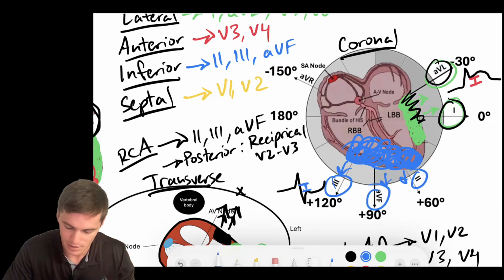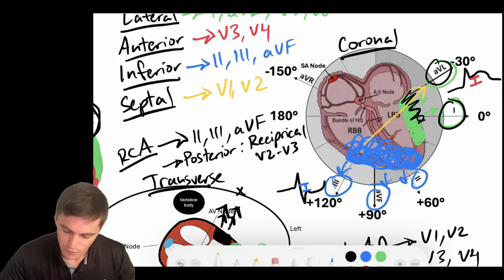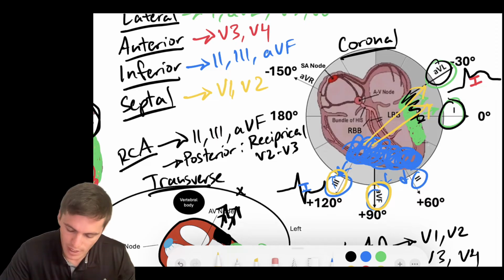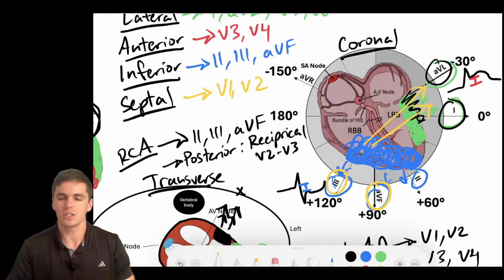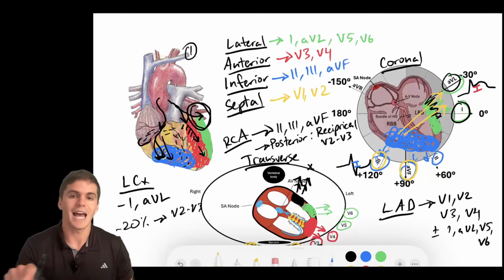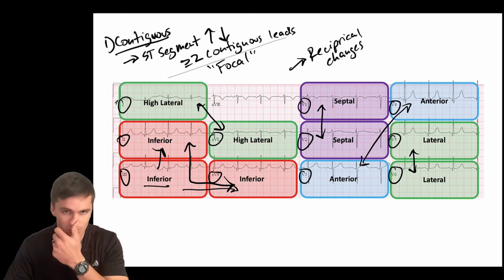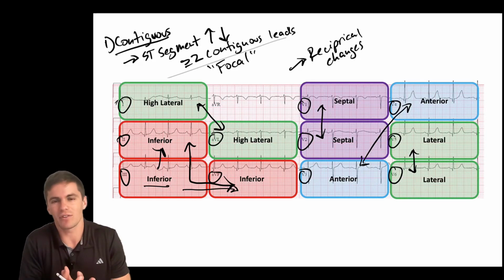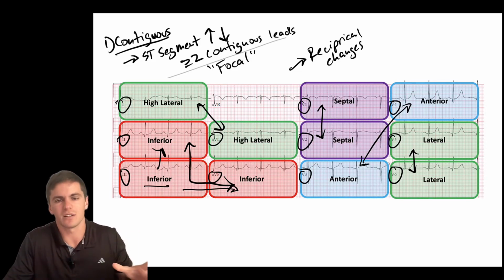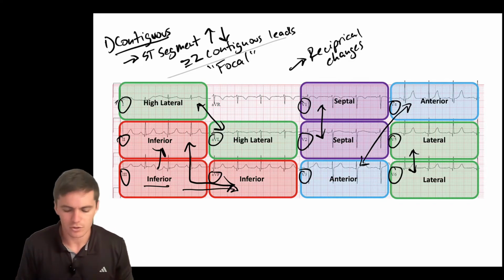That's my ST depression. And that's because forces that are heading towards 1 and aVL are heading away from these inferior leads. So I should see a predictable change, and I could put my finger on it; the anatomy makes sense. So reciprocal changes, you're going to look for those. Not everything has a reciprocal change, because not every lead has a perfect reciprocal lead, but some of them do. So those are reciprocal changes.